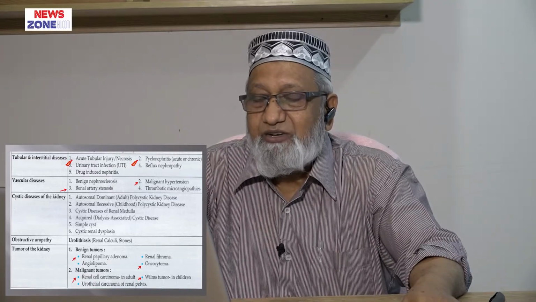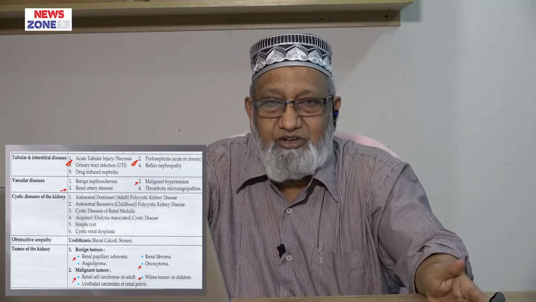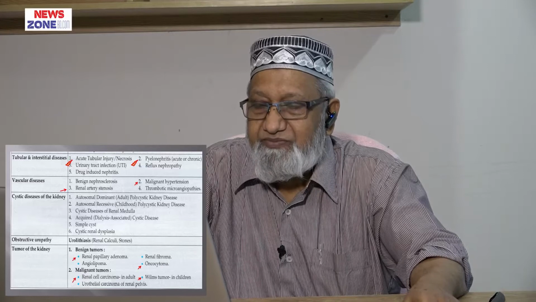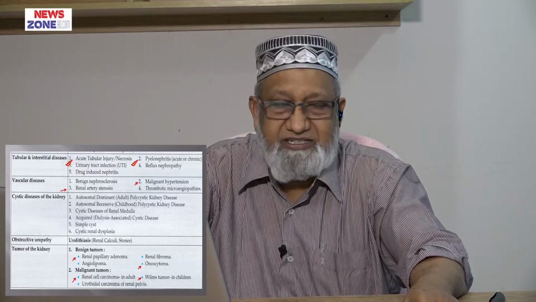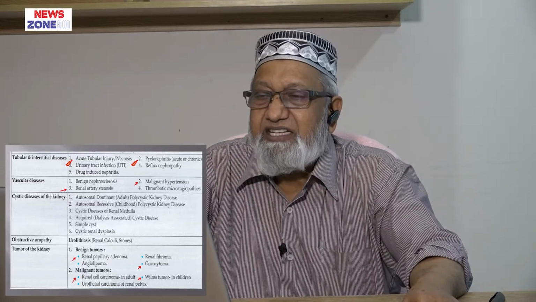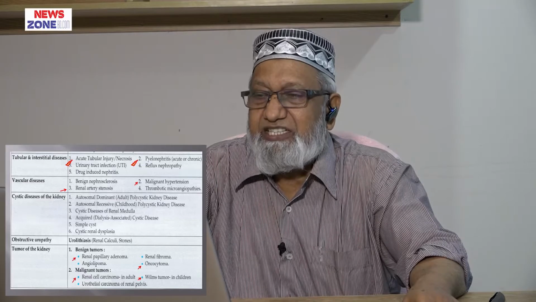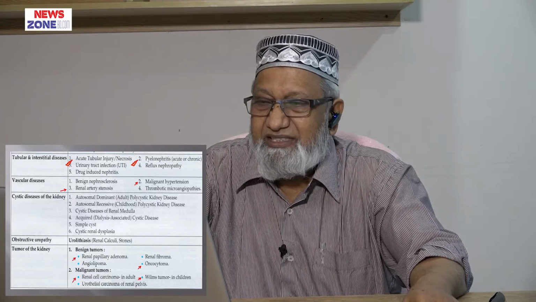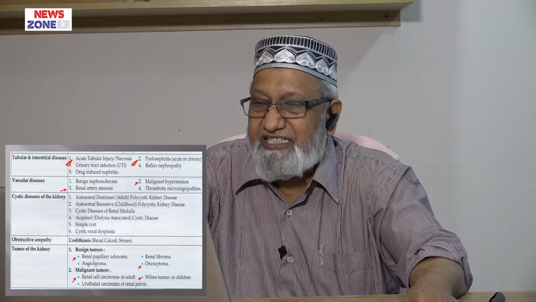Pyelonephritis, chronic pyelonephritis, that means the kidney has already been damaged. So chronic pyelonephritis is sometimes an indication for nephrectomy. And then drug-induced nephritis also occurs. So tubular and interstitial diseases may occur due to urinary tract infections.